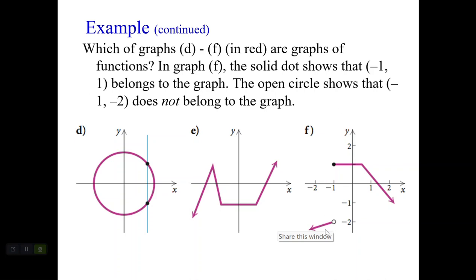So this one can still be considered a function because if I draw a vertical line, it only includes this point, not the open circle. So this is still a function. Okay, so that is how we can visualize whether a graph is a function or not by using the vertical line test.